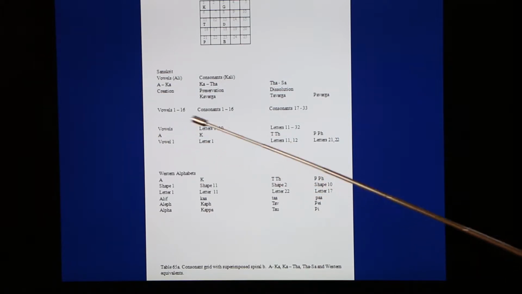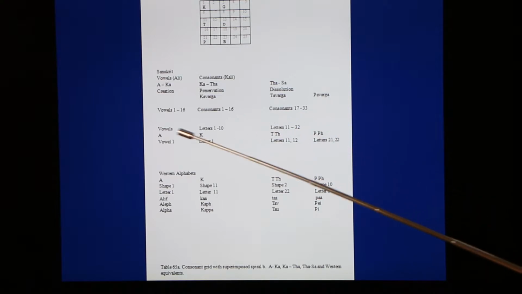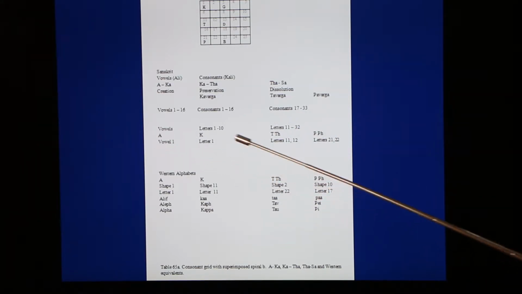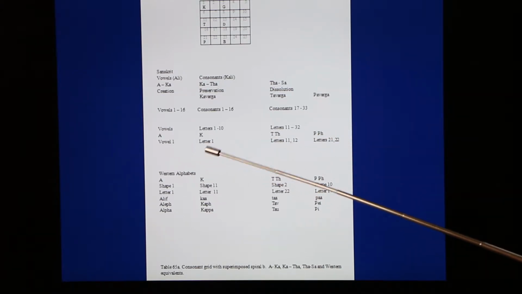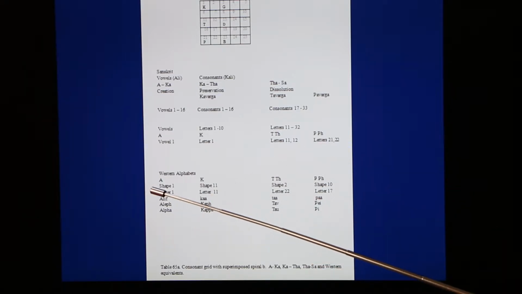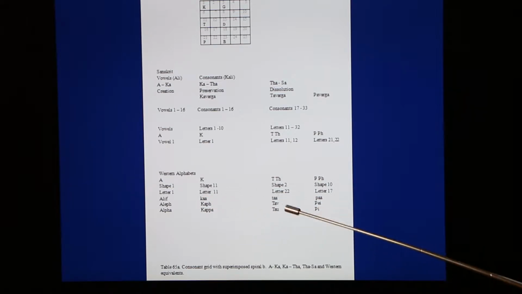This is vowels, letters 1 to 10, letters 11 to 32 in Sanskrit. Sorry, this is still Sanskrit: 1, 11, 12, 21, 22. And in the Western alphabets, this becomes shape 1, shape 11, shape 2, shape 10. In the Arabic, letters 1, letters 11, letters 22, letters 17.